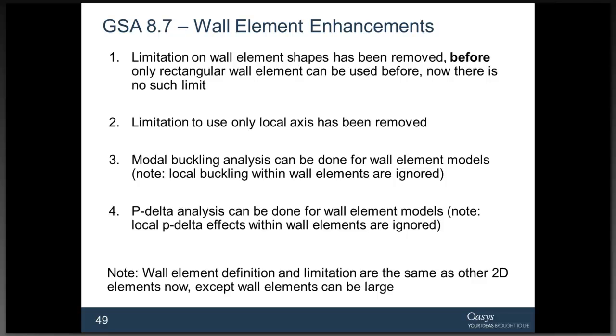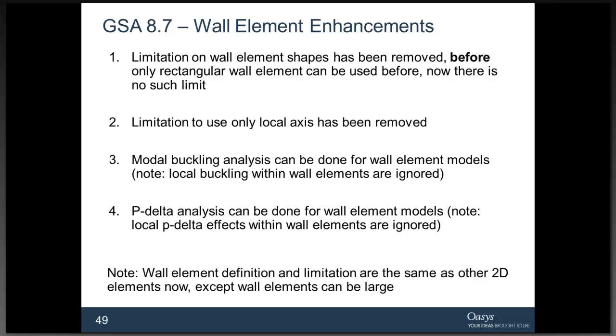Before, wall element could only use local axis. The local axis would define the x direction of the wall element, from node 1 to node 2. Now you can use any axis to define the wall element. The benefit is, when we're using wall element, we normally want to know the primary direction and secondary direction. The primary direction is the local x direction, and the secondary direction is the local y direction.